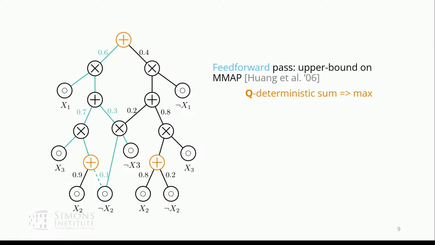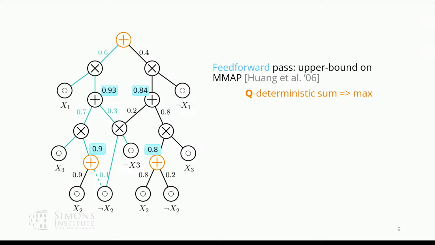So here we choose the max between these two. That's just 0.9. Do the same thing here. So choose the maximum between the two. And then for the other ones, it's just business as usual. Compute products and weighted sums. So compute the weighted sum here again, and then at the top here.